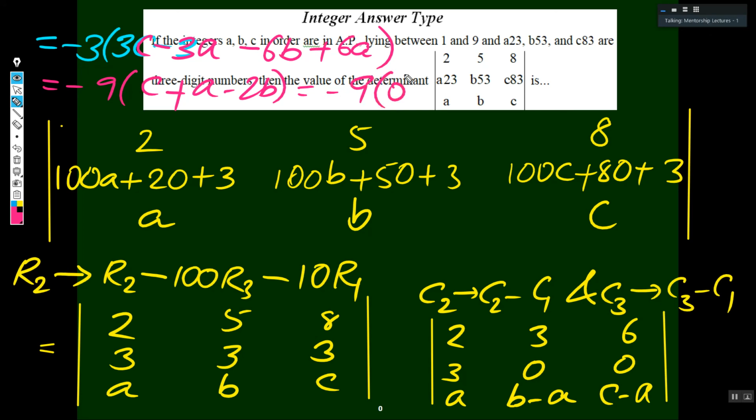Minus 9 into 0. Why minus 9 into 0? A, B, C are in AP. Condition please. A, B, C are in AP. 2B is equal to A plus C. That's the reason why that becomes 0.